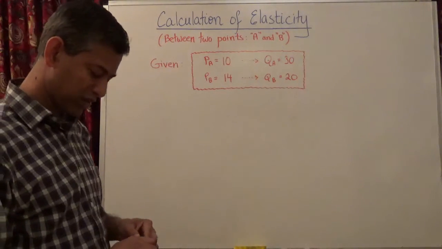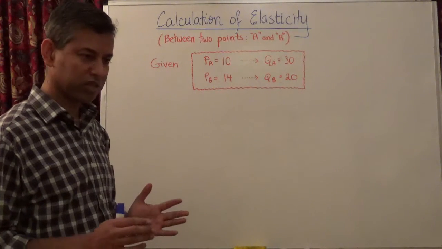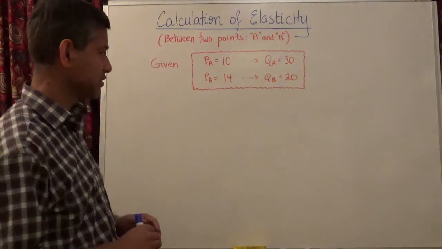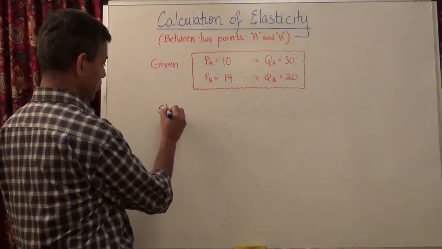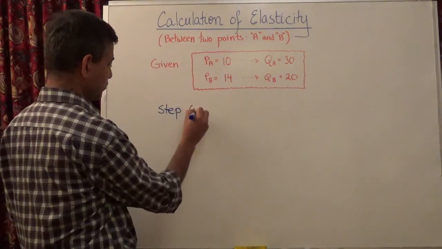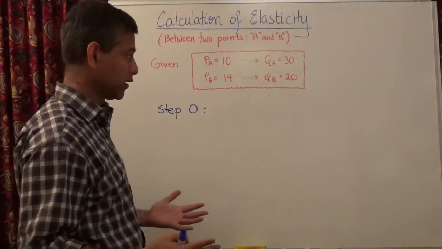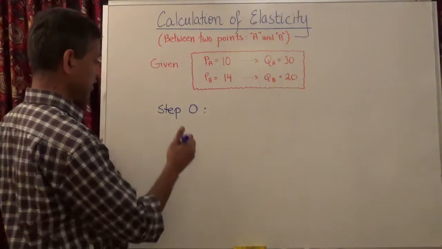Okay, so the best way to approach the calculation is to think of the various steps that would build up to the elasticity number. Step 0, I'll call, is to simply know or remember the definition of elasticity. That's something that we just have to know. That's what we are going to use or apply in calculating the elasticity.